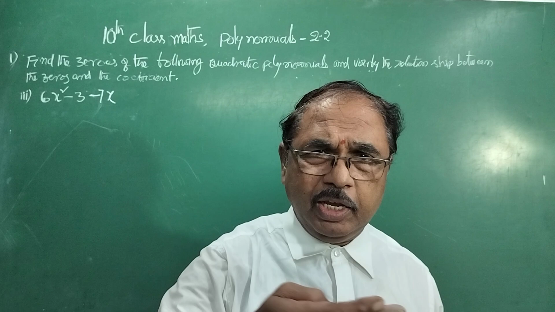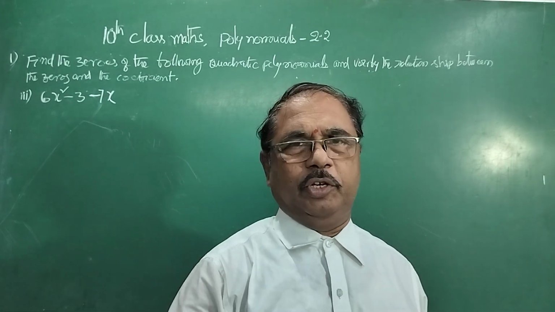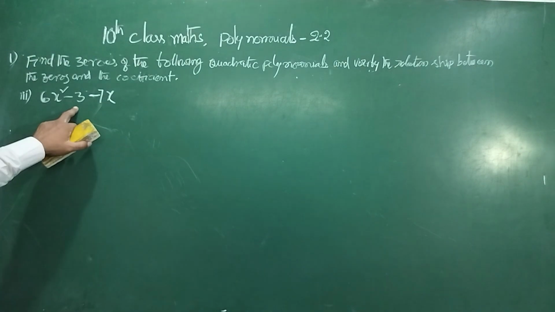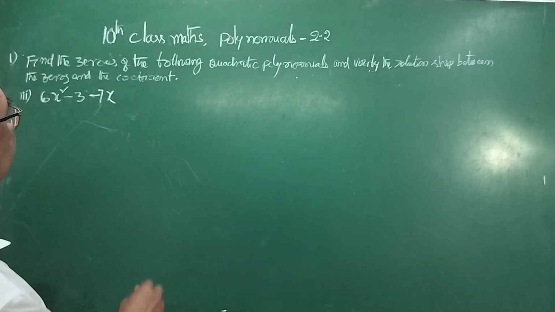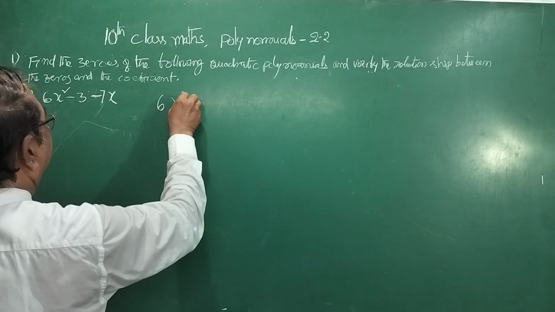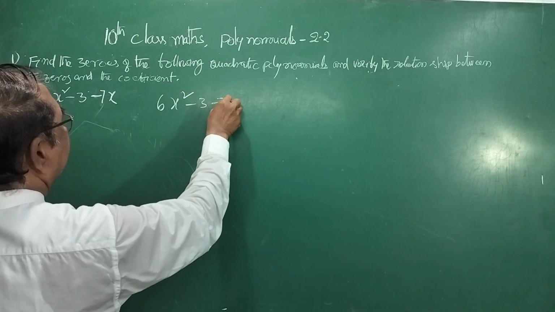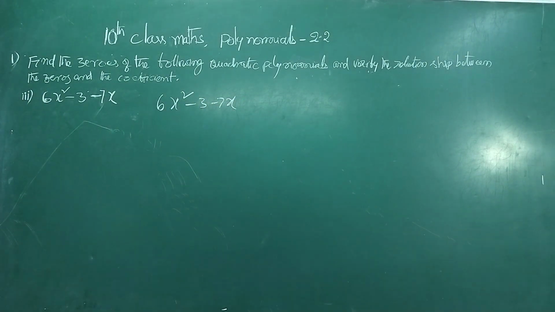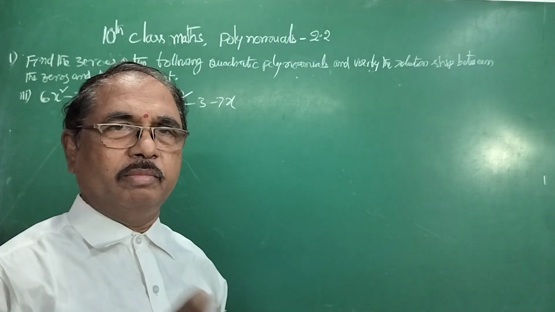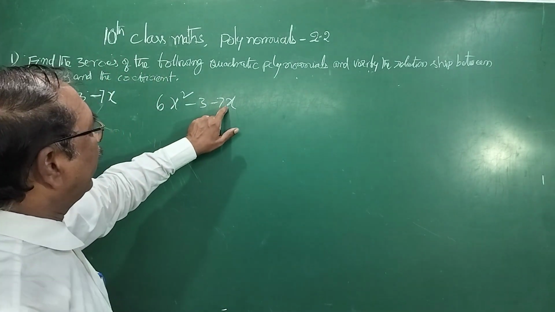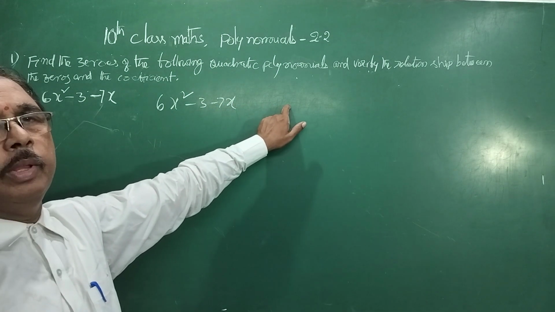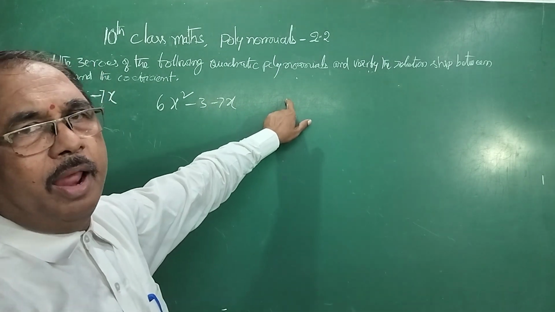Yes, if you see, you can observe. Let us see: 6x square minus 3 minus 7x. It is a polynomial, but it is not of the standard form. After the x square term, we have to write the x term, and this constant term we have to take to the last.